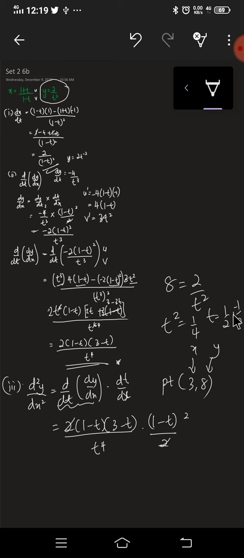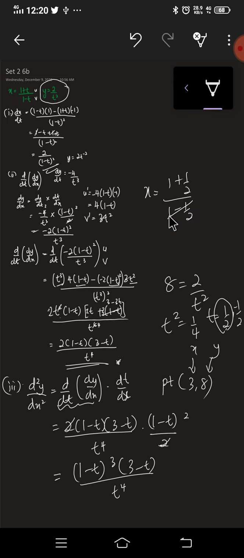So let us substitute the value of 1 over 2 into the result we have here. Taking (1 plus t) over (1 minus t): if we take 1 over 2, 1 plus 1 over 2 divided by 1 minus 1 over 2, 3 over 2 over 1 over 2, so we get 3.